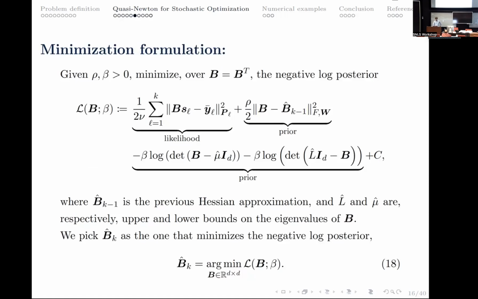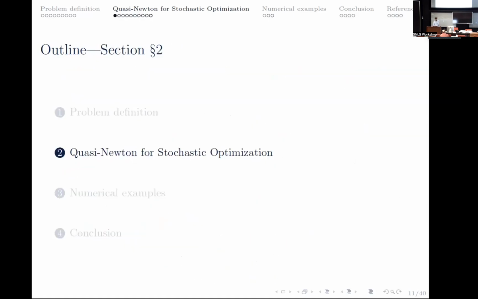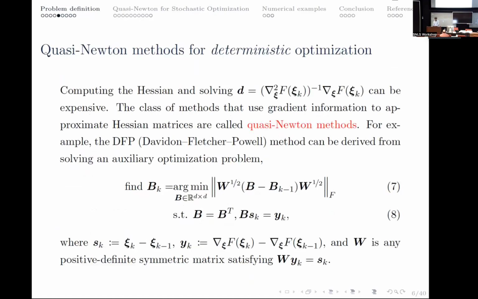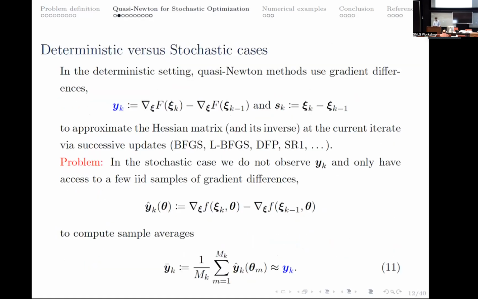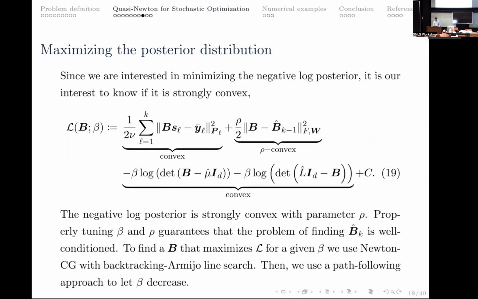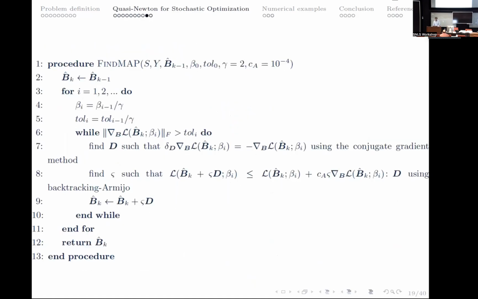Also, the log barriers were our idea. Basically, what we are using from the deterministic quasi-Newton methods is the prior, which is identical to what is used in deterministic quasi-Newton methods. So I think this will be common theory. Also, the idea of using Newton-CG was ours, to exploit this strong convexity and this structure.